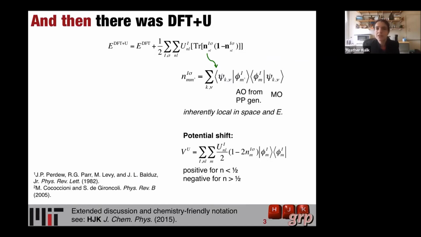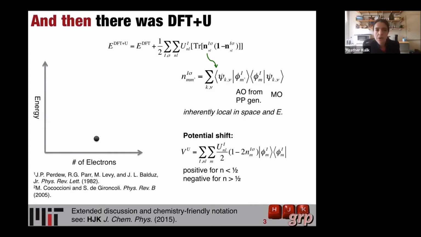And so what this means is that DFT+U in practice will penalize fractional occupations by emptying slightly filled orbitals and filling mostly filled orbitals. And this happens to counteract a lot of key issues in approximate density functional theory.